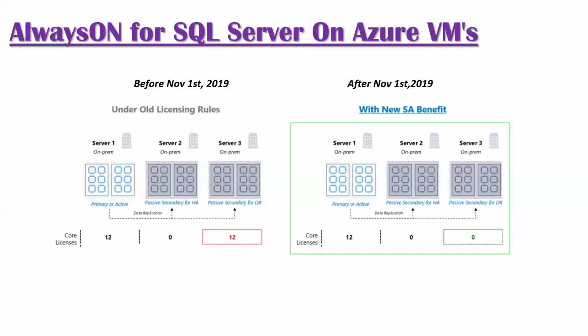Using Azure Hybrid Benefit, you can convert your on-prem licenses to the cloud as well. You no need to pay any additional things, sir. So whatever license you already purchased for on-premises, you can convert in terms of Azure Hybrid Benefit. Getting my point, everyone?